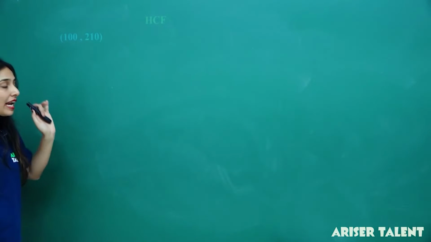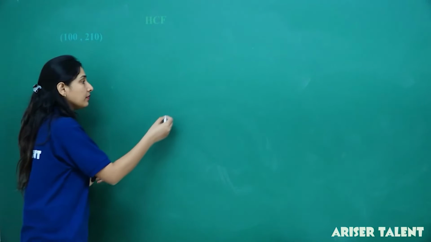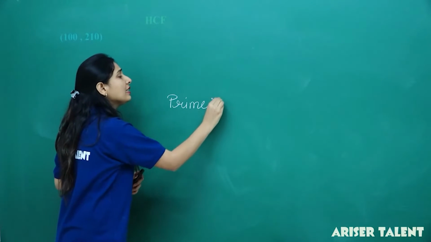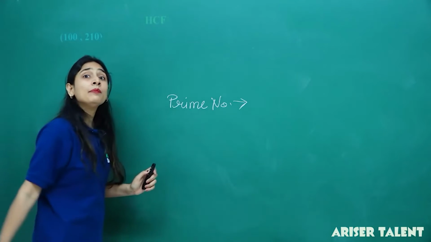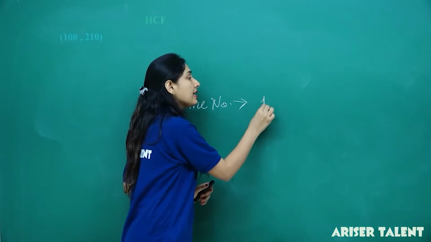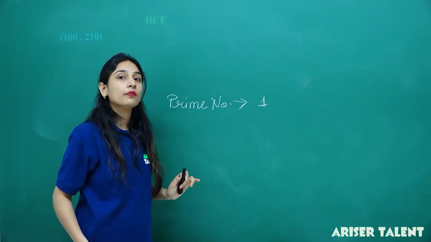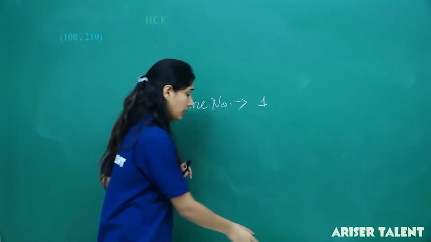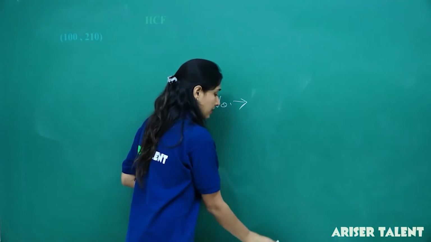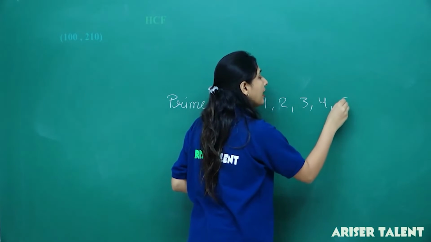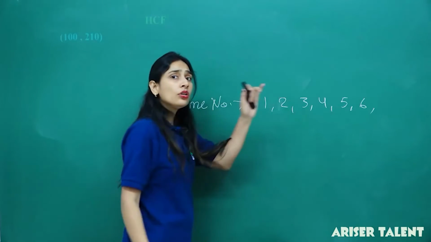Now, what is prime factorization? We have seen prime numbers. Prime numbers are the numbers that have factors only 1 and itself. But 1 is not a prime number. Like if we have 1, 2, 3, 4, 5, 6, 7, 8 and so on.